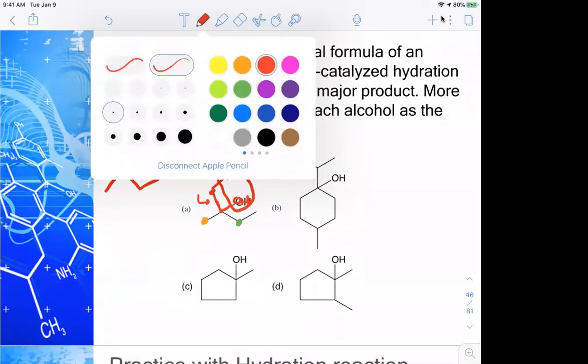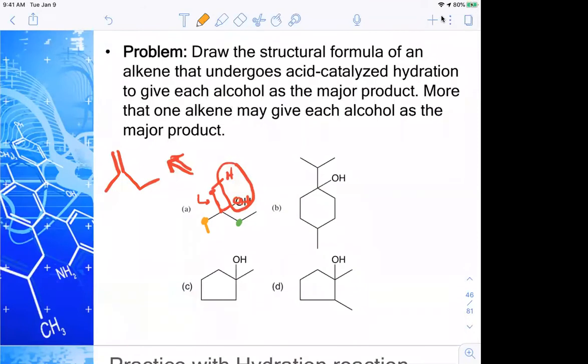I have another choice, which is the orange choice, and I could get rid of this water, and then I would have this. Now these are actually identical, so that doesn't give me a separate product. The red choice and the orange choice give me the same product. So these are equivalent. They're the same product. Okay, so really I only have one choice there.